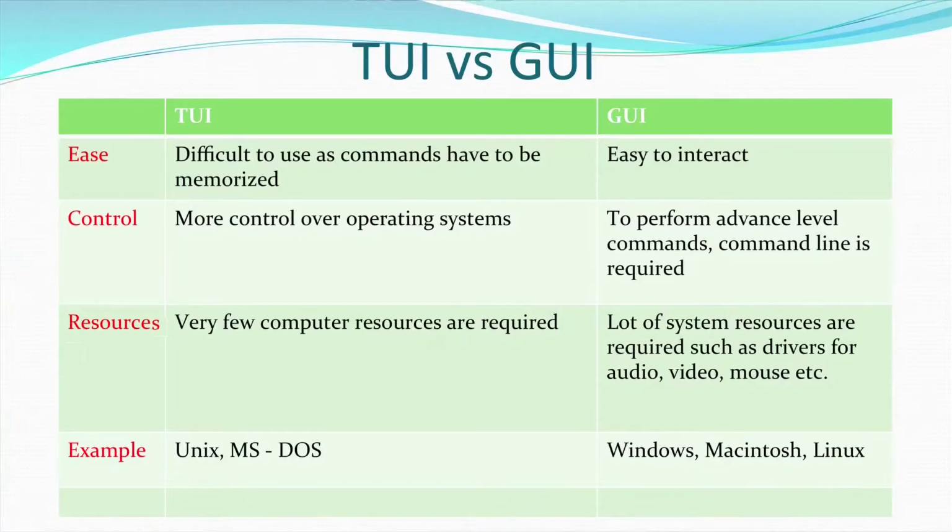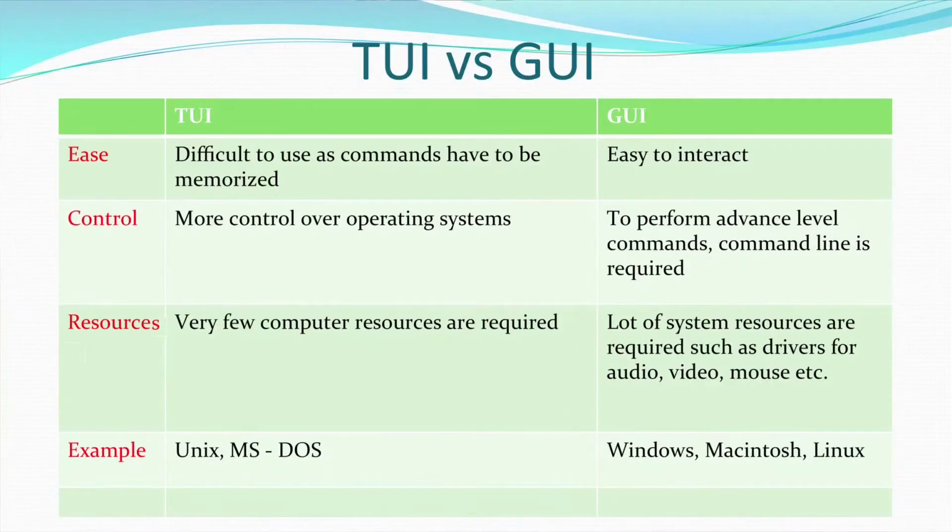So, this slide compares the text user interface versus the graphic user interface. Obviously, text user interface is difficult to use as the commands have to be remembered and typed in, and if there is some error in the command, then the command will not be executed. On the other hand, a graphic user interface is easy to use. Next, the slide talks about control.